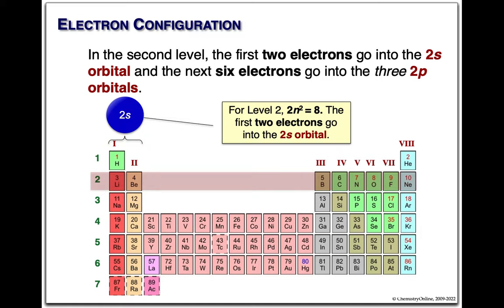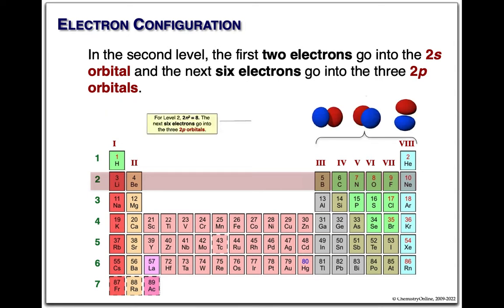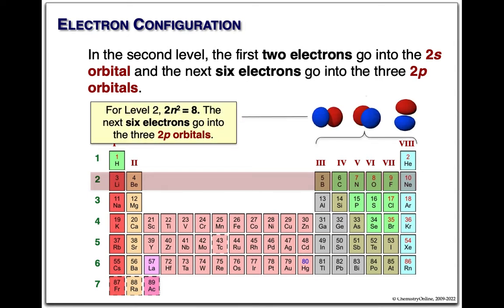We have a total of 1, 2, 3, 4, 5, 6 electrons we can deal with. Each p orbital holds 2, and it looks like this. For something like carbon, we put 1 electron in first, and then we put the second electron in second.